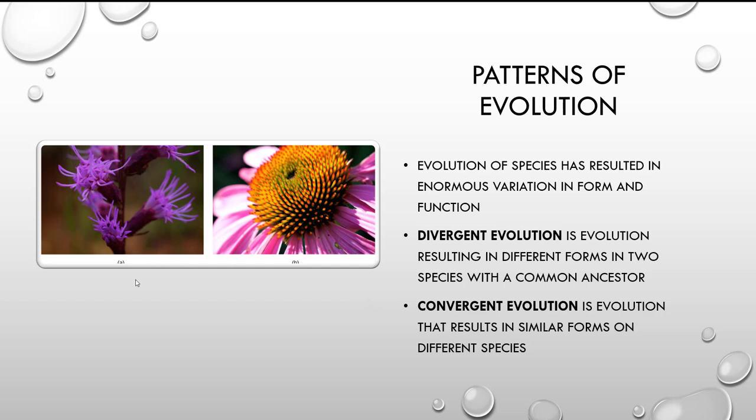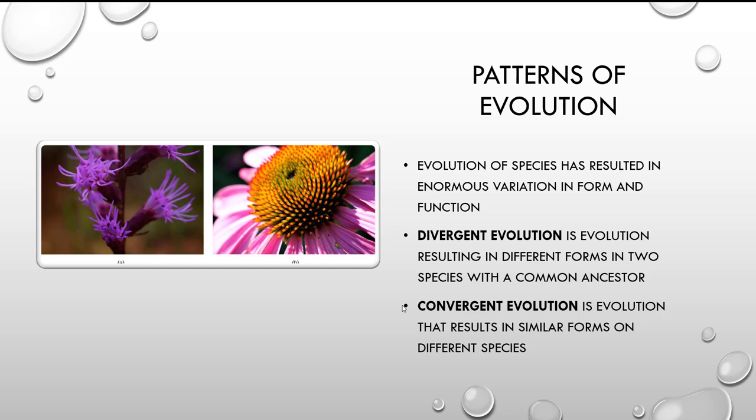For example, if we have two flower species, one that gets pollinated by a moth at night, so it only opens at night, versus one pollinated by a butterfly during the day, so it only opens during the day, they might evolve two different colorations. So that's divergent.